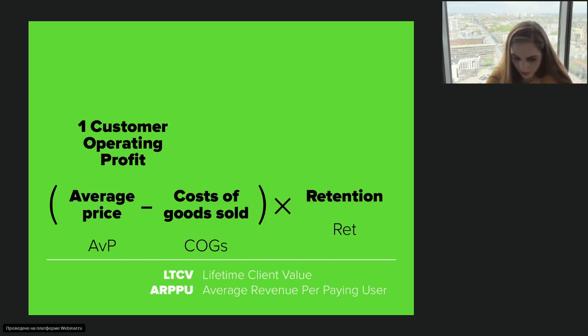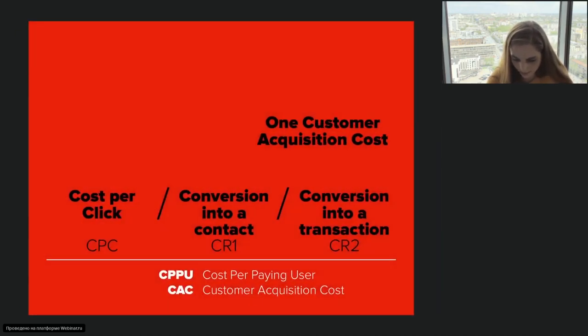Here we have retention, which multiplies our numbers by as many times as it occurs. The whole story is called lifetime client value, or average revenue per paying customer, per paying user, whatever. You may be acquainted with some other popular terms, but the primary goal is to learn how to calculate that we earn anything on this particular customer.